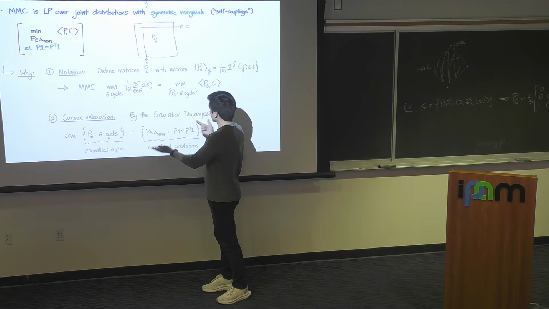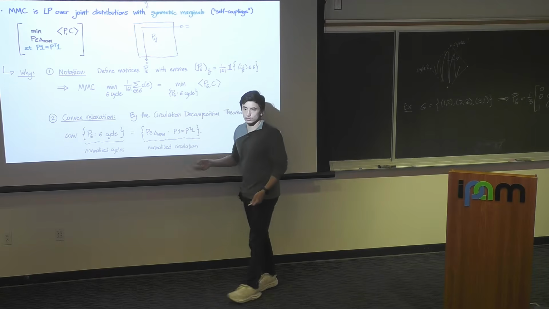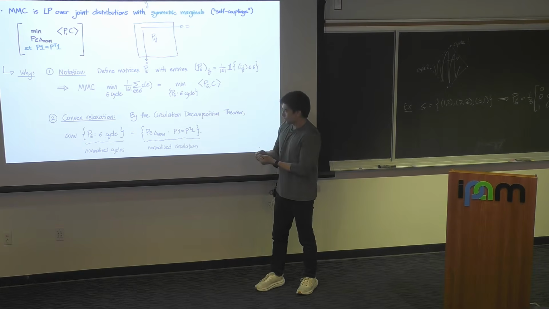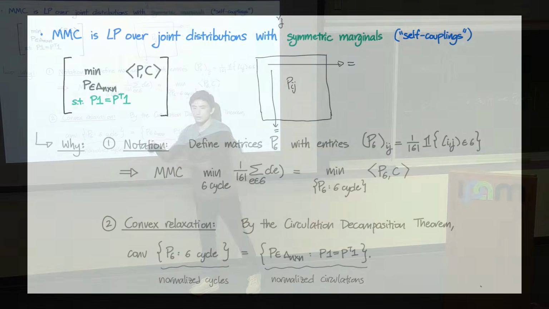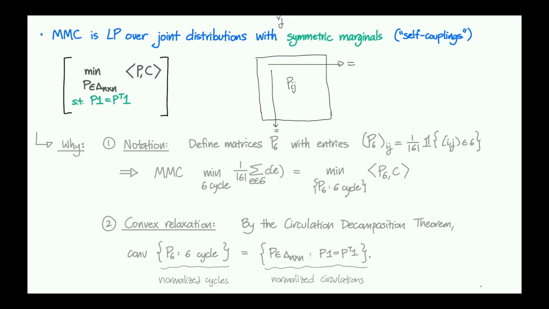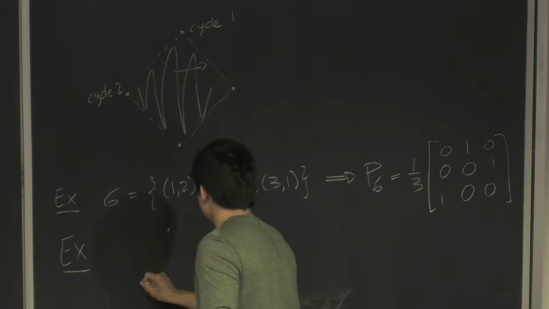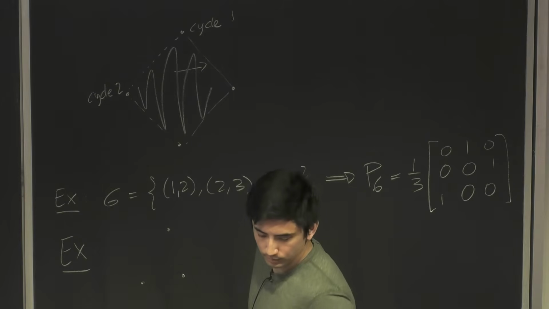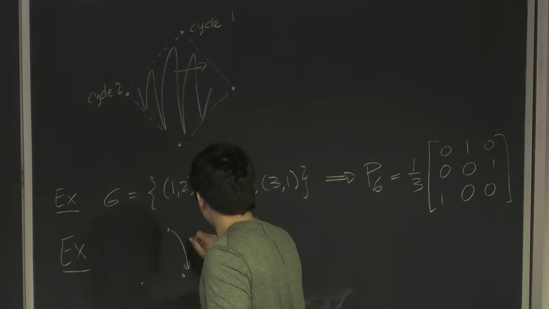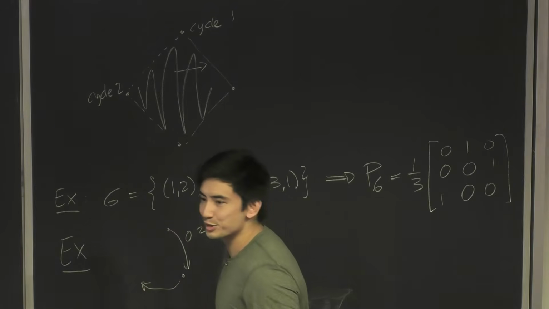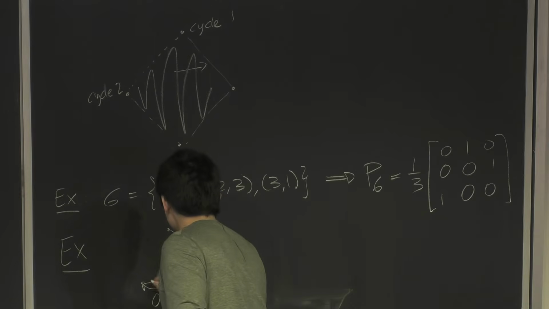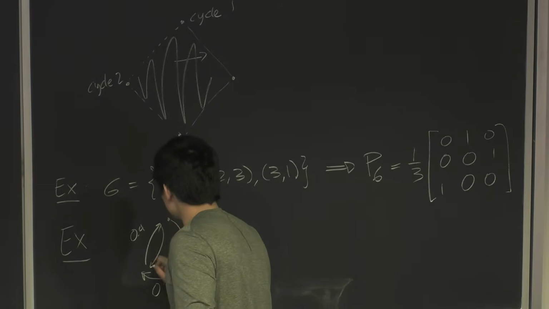The point is there's this thing called the circulation decomposition theorem, or flow decomposition theorem. It's a very standard basic fact in linear programming that the convex hull of cycles is the set of circulations. If I take a circulation, maybe I'll draw a picture, this will make it clearer. Say 0.2, I'll try to draw the arrows the right way this time. 0.2, 0.4, and 0.2.